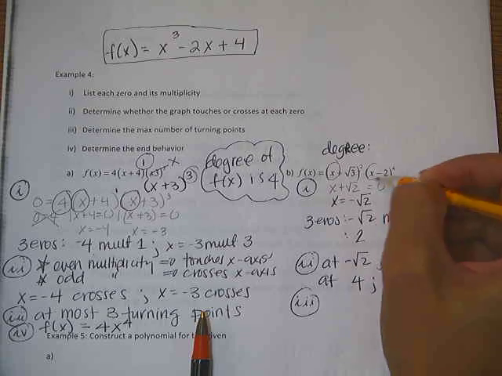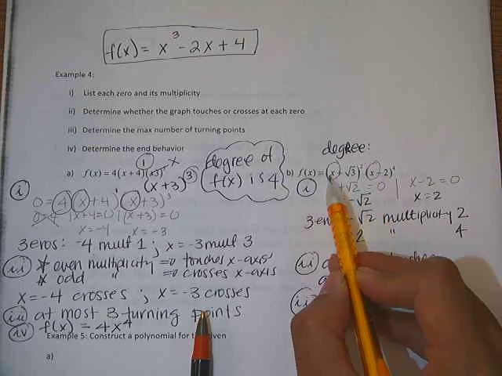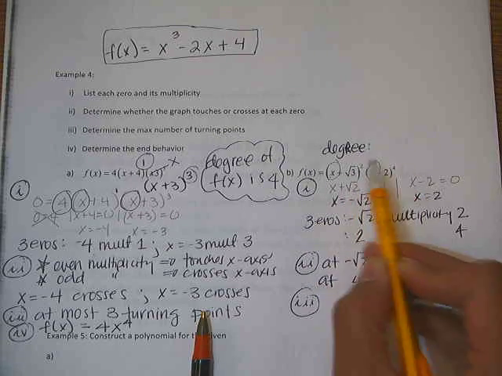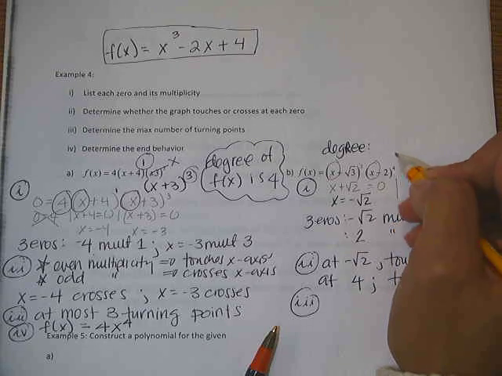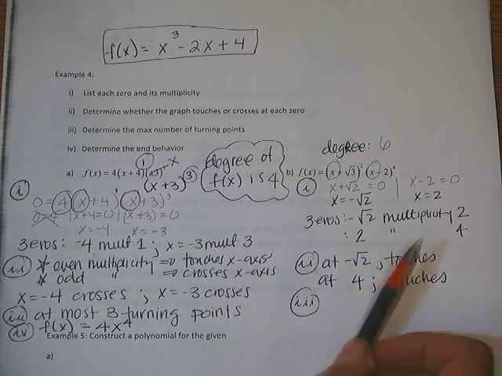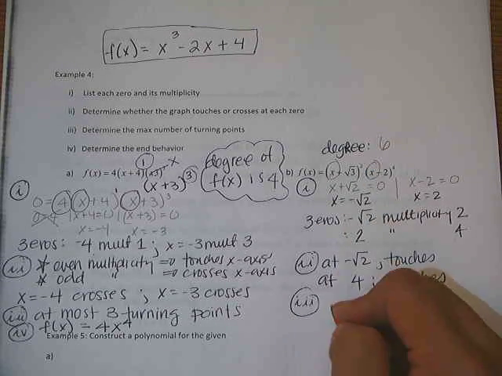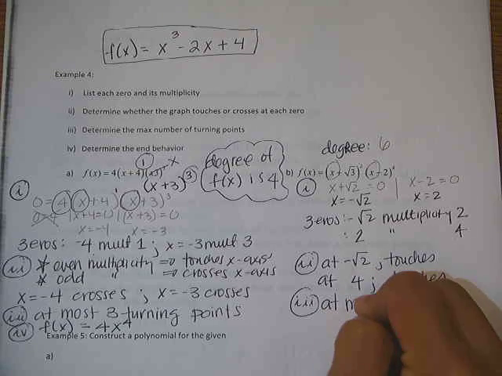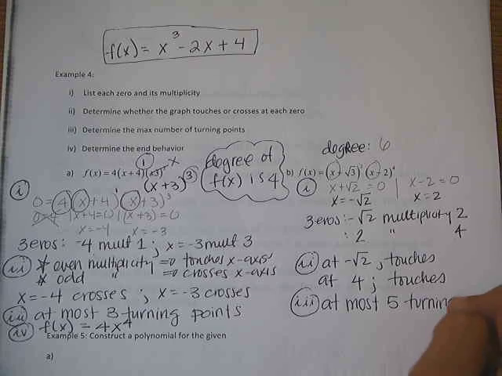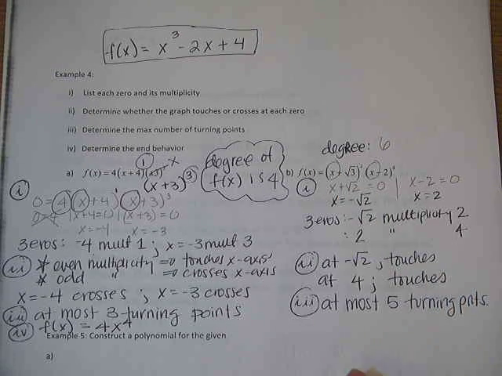This is x times x, but this one has x squared, so x squared times x to the 4th. When you multiply, you add the exponents, so that's really a degree of 6. So degree is 6. When you're looking at the turning points, you're going to have 1 less. So at most 5 turning points. It's always 1 less than the degree.